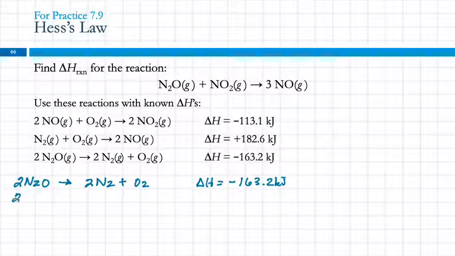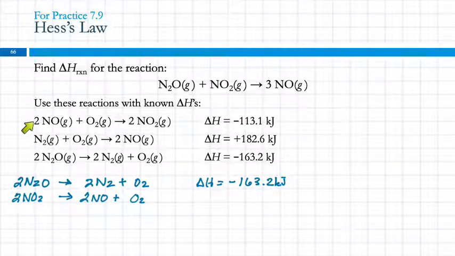And so that's going to be 2NO2 going to 2NO plus O2. I just took this one and wrote it backwards. So if I reverse the reaction, what do I do to delta H? I change the sign. So delta H is then positive 113. Okay, so far?